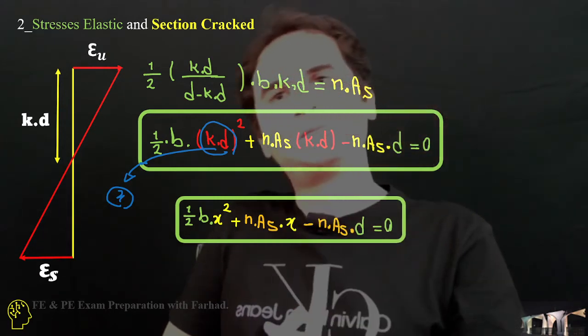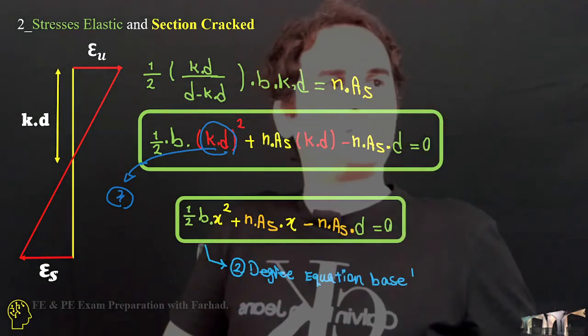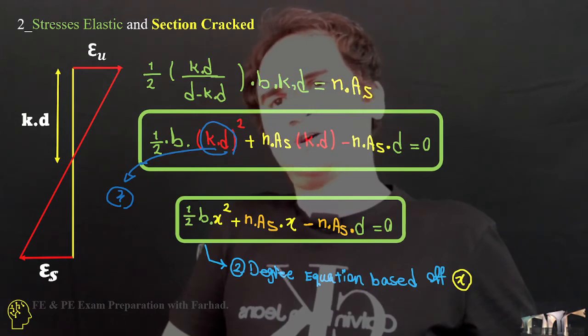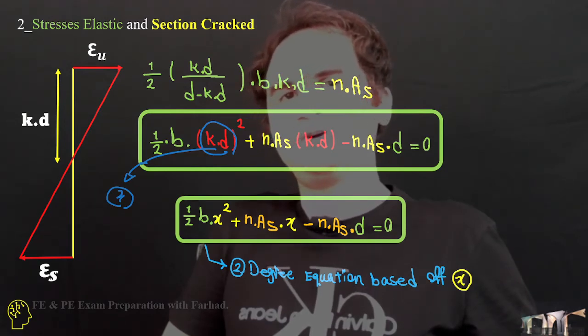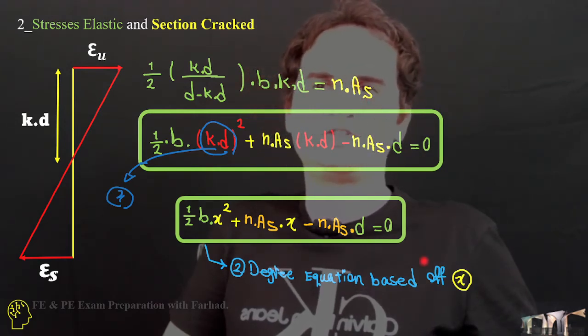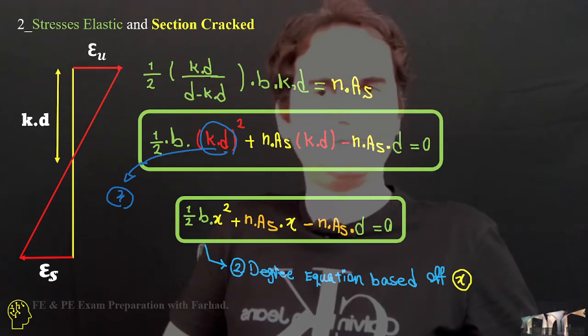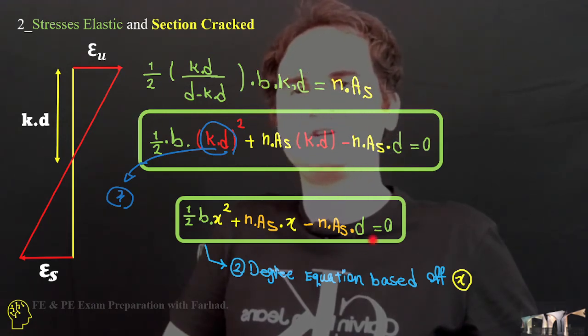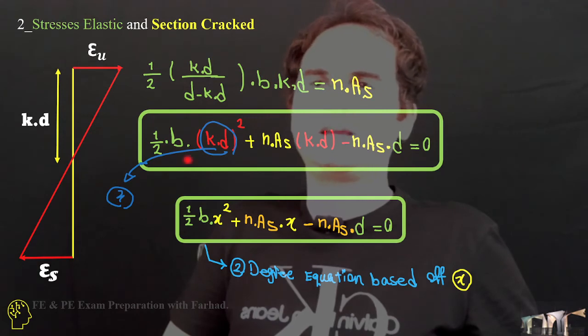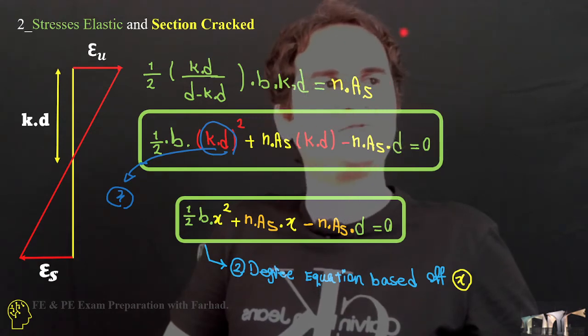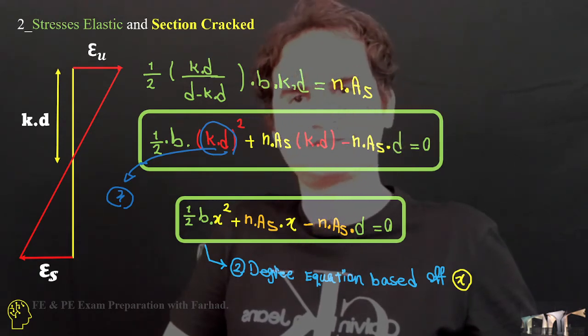So if you proceed with the problem, it gives us a second degree equation based off x, which is kd. If we solve this second degree equation, it gives us what kd is, and we can simply replace that in the equation to get the stresses.